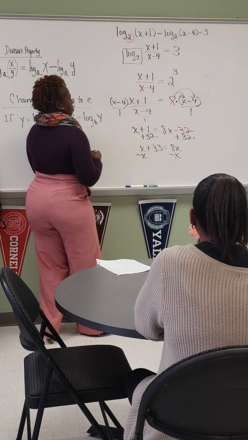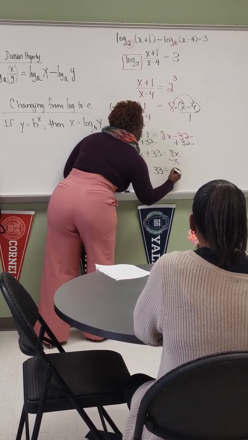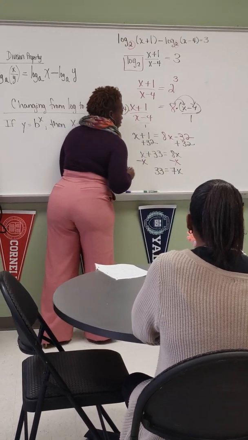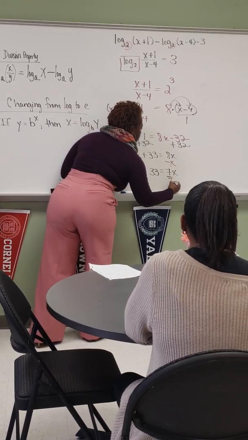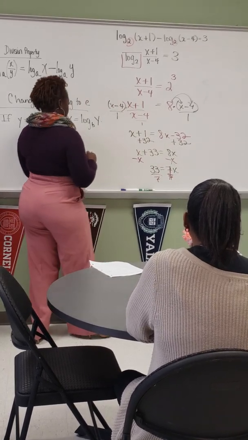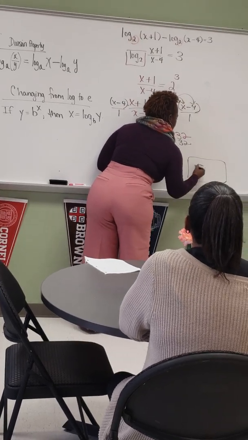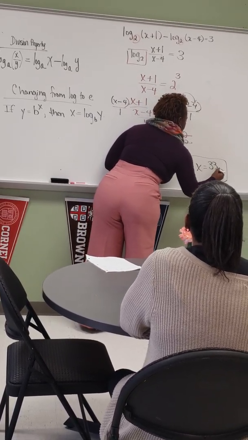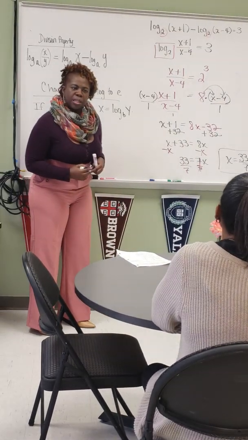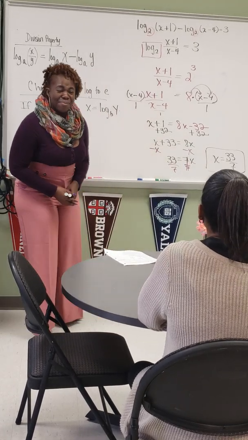Divide by 7 on both sides. So 7 into 33, and we'll leave it as x equals 33 over 7. You can leave it as an improper fraction.